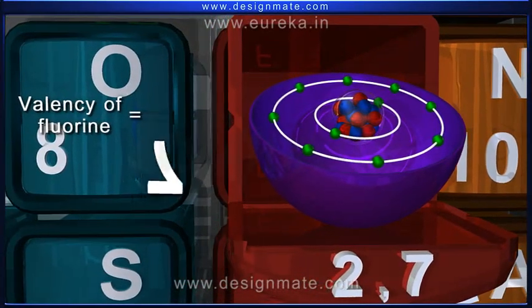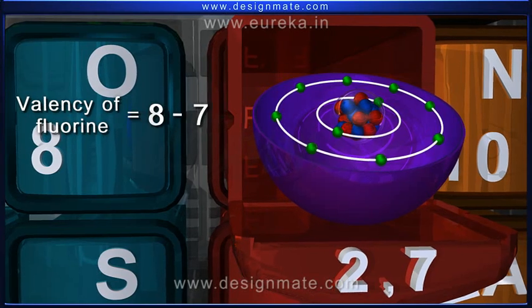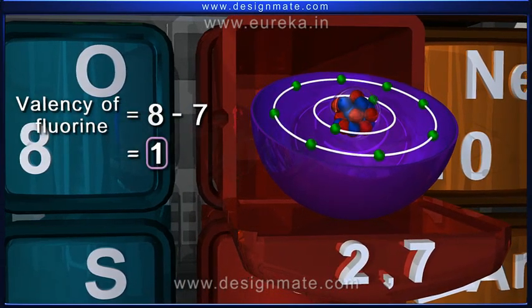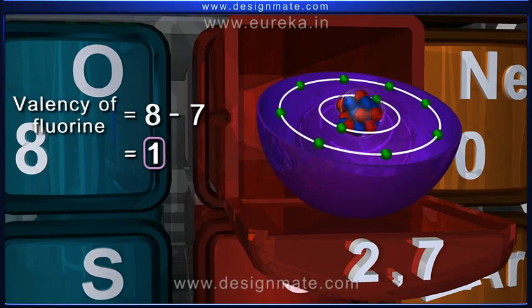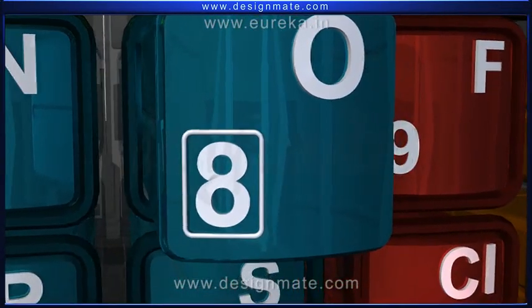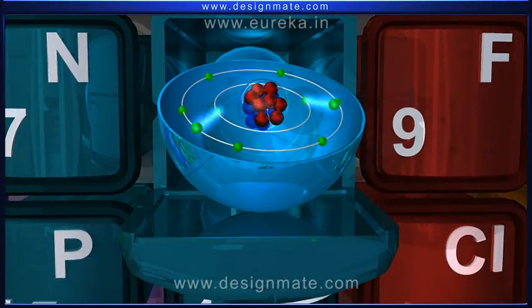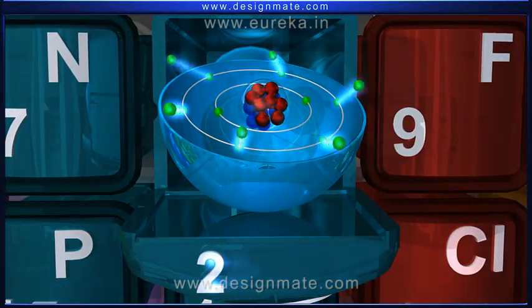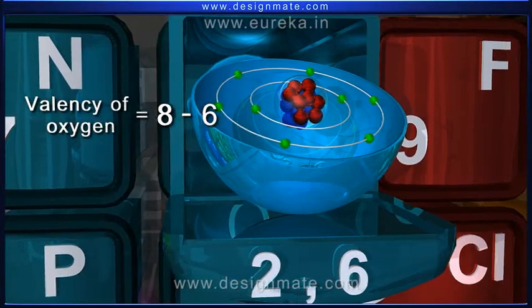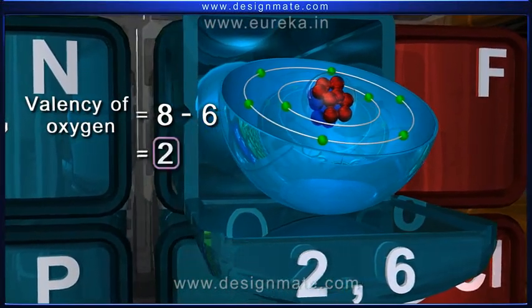In order to calculate its valency, the number of valence electrons is subtracted from 8. Hence, the valency of fluorine is 1. For an oxygen atom with atomic number 8 and electronic configuration of 2, 6, its valency is given by 8 minus 6, that is 2.